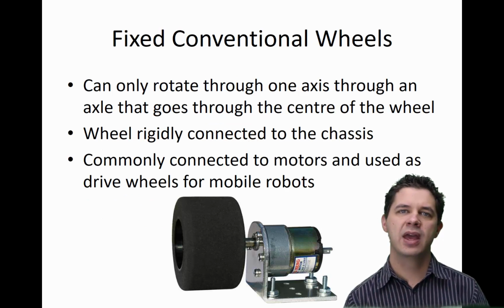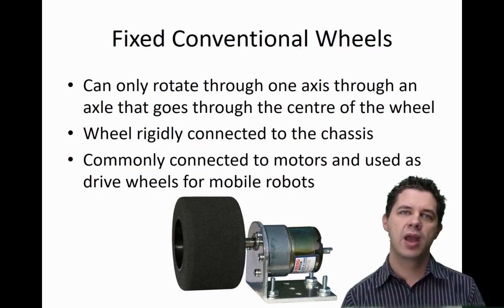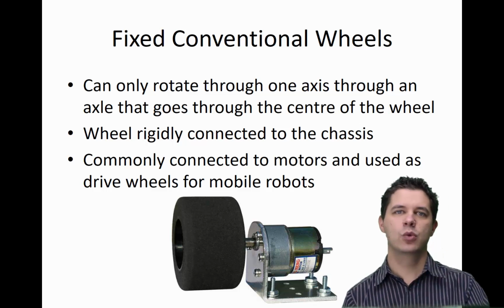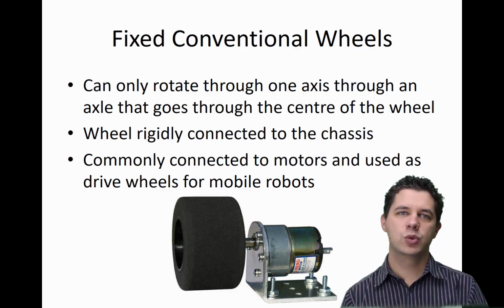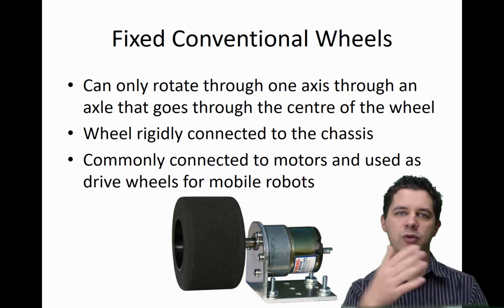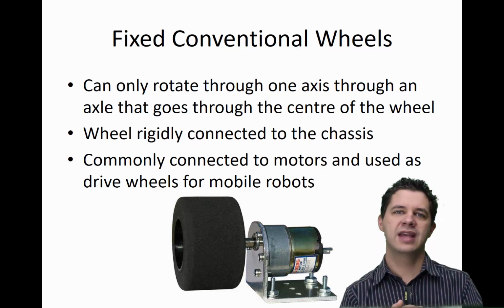Probably the simplest system is the fixed conventional wheels, where we have a wheel that can only rotate on one axis, and that's the axis that goes straight through the center of the wheel. So essentially it rotates the wheel and makes the wheel move. This wheel is somehow rigidly connected to the chassis so that it can't move back and forth. It can only move on this axis.